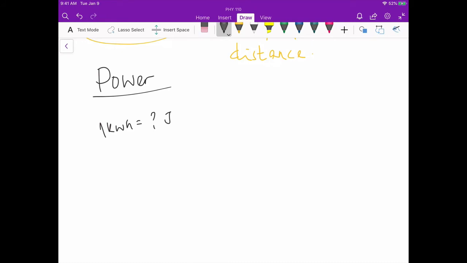Because you know that the SI unit of watt is joule over a second, right? So if you do crisscrossing here, joule is equivalent to watt second. If you convert this to watt second, then you find the joule equivalent of it.